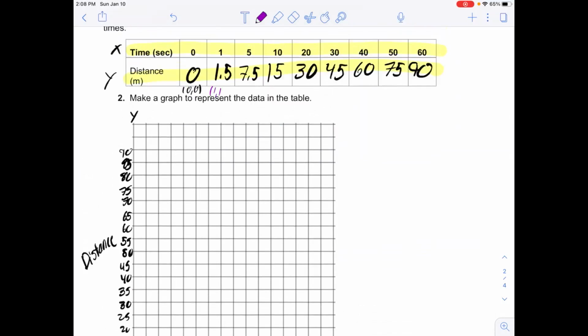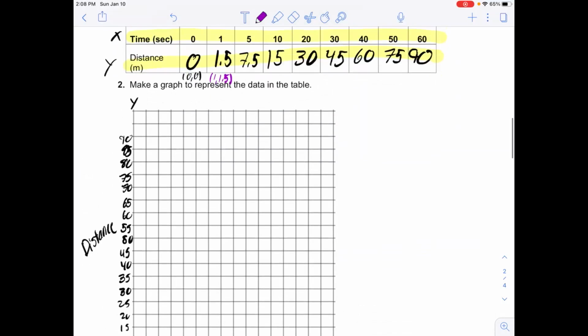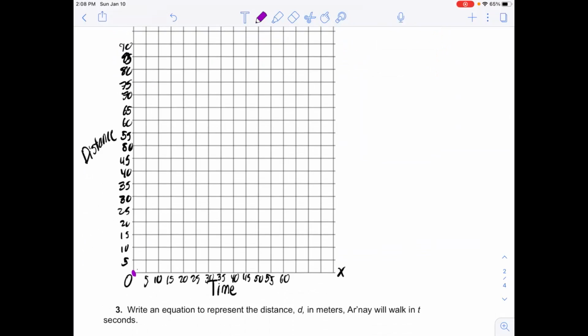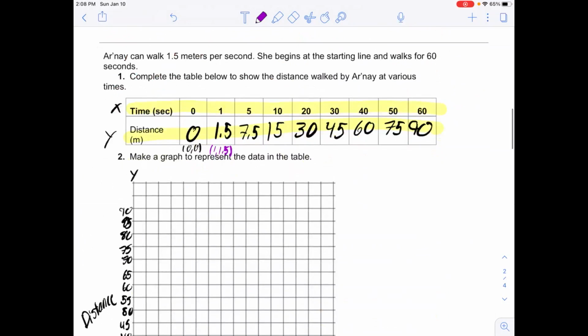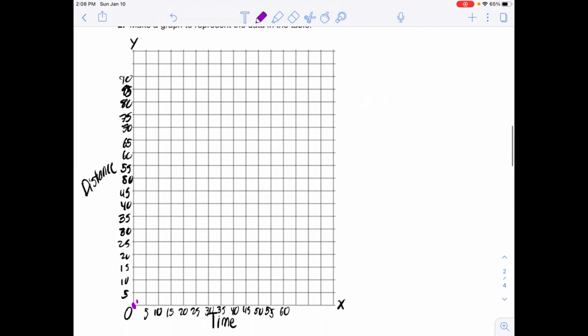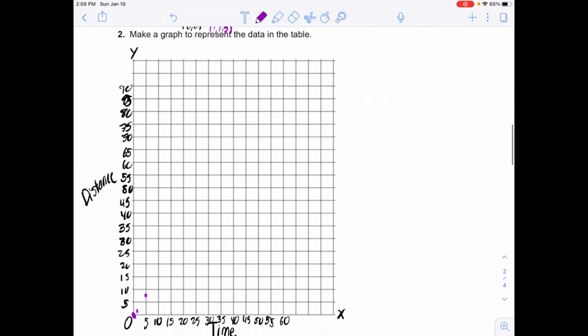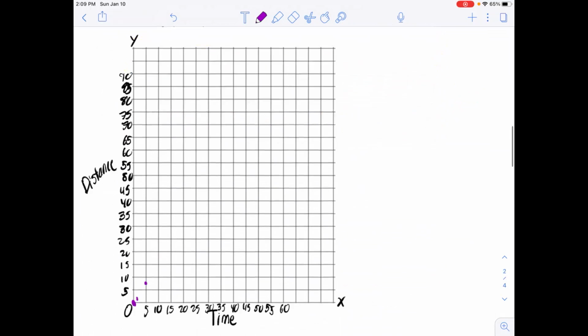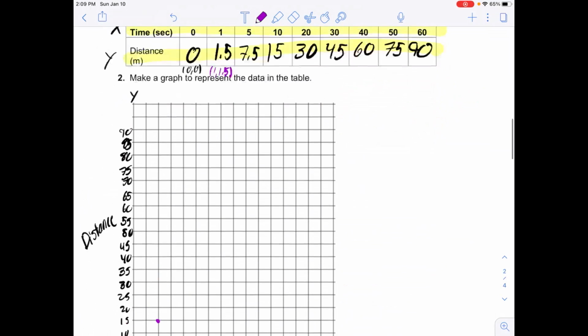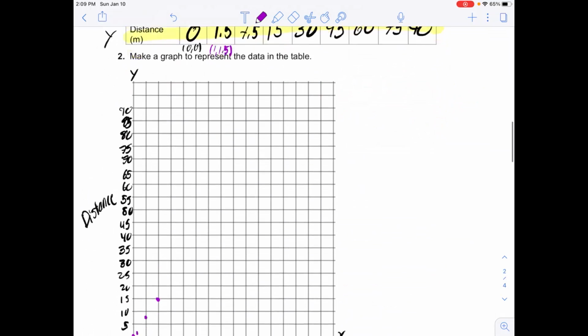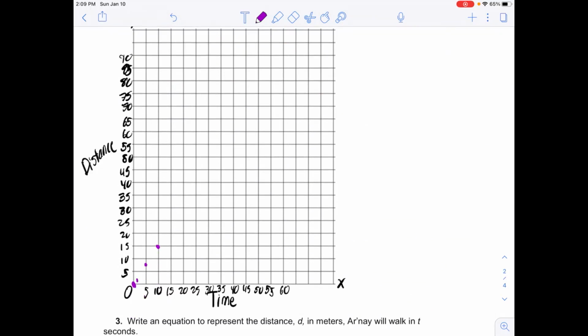Next is 1, 1.5. Well, this is a really small spot, so it really just goes right there. Next is 5, 7.5. So over 5, up to 7.5. 10, 15, over 10 to 15. 20, 30, over to 20, up to 30, and now we just keep going.